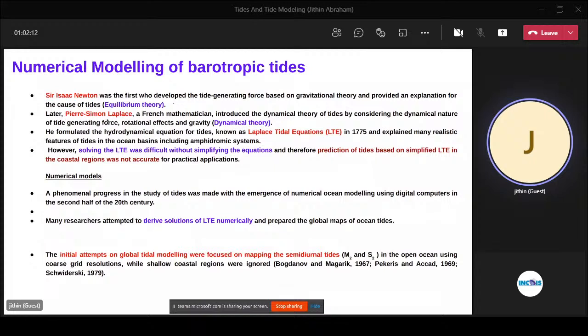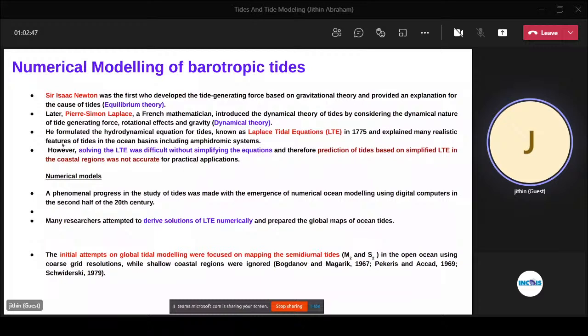So later, Laplace, a French mathematician, introduced the dynamical theory of tides by considering the dynamical nature of the tide generating force and its rotational effects, gravity, and the non-uniform depth of the ocean and continents. He formulated the hydrodynamical equations for tides known as Laplace tidal equations, and he explained many realistic features of tides in the ocean basins, including amphidromic points.